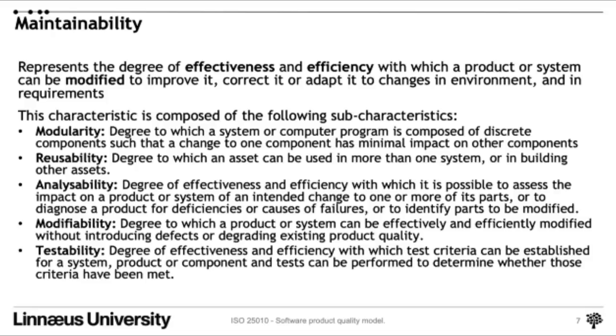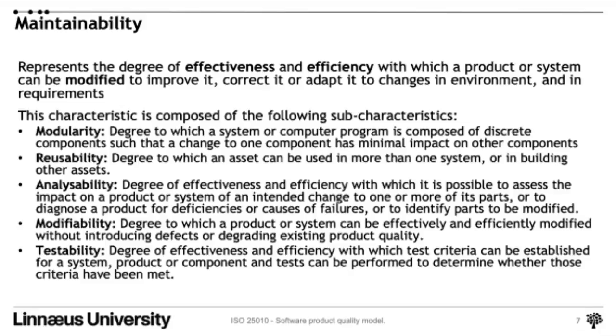Okay, the more autonomous these components are, the easier it is to make changes in such a component, because this means that the change that you are making to the component does not affect other parts of your system.